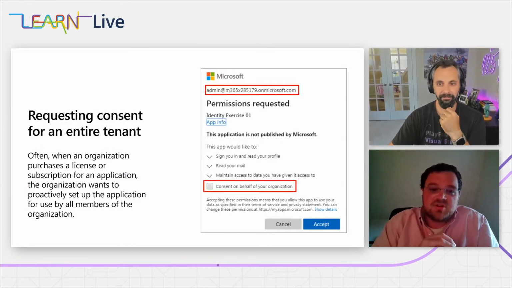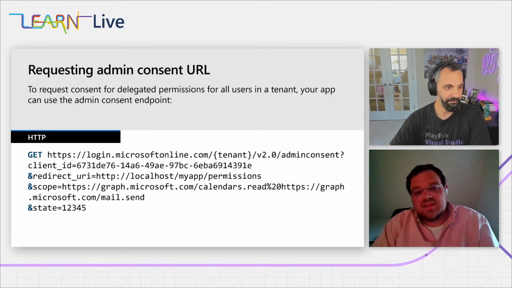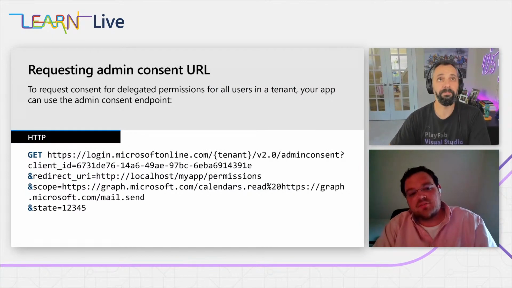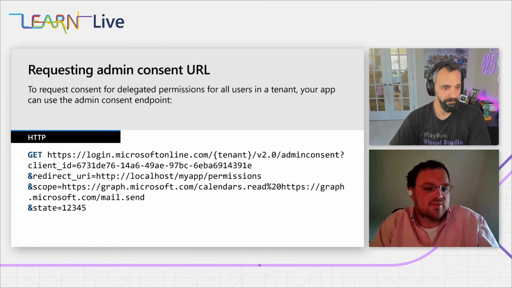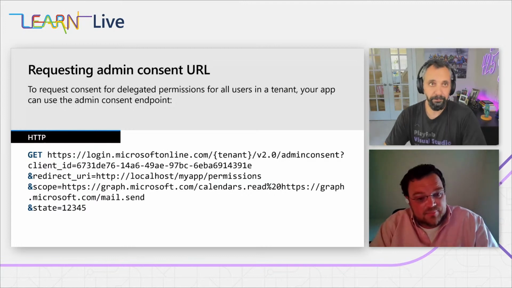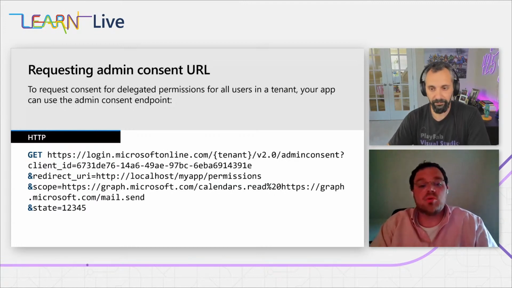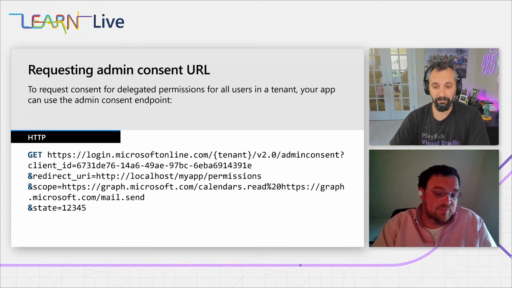That gives you the ability to say, yeah, I want to allow this because this is a privileged thing and we've done our due diligence, or we've reviewed this, and we feel safe letting this app do this. But only administrators are going to see that checkbox. By checking that box and clicking accept, they're going to consent for the whole organization, which means subsequent users aren't going to see this prompt.